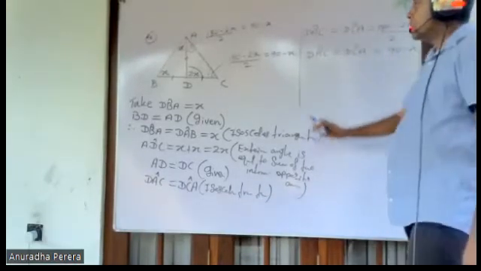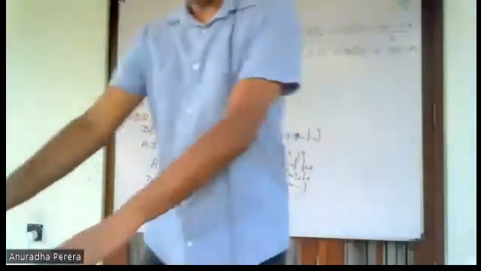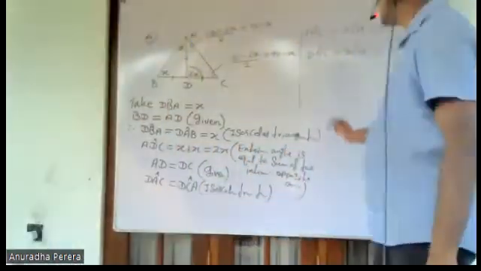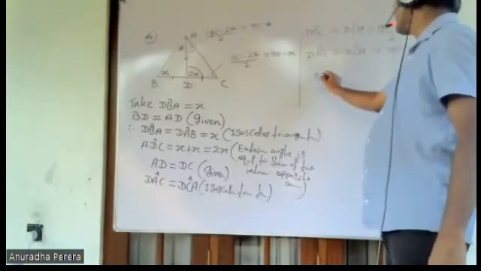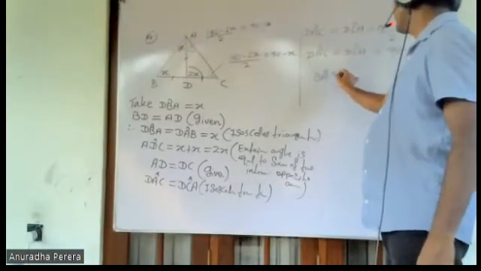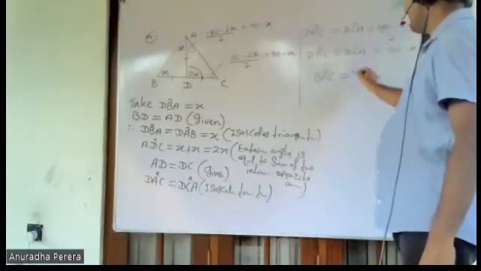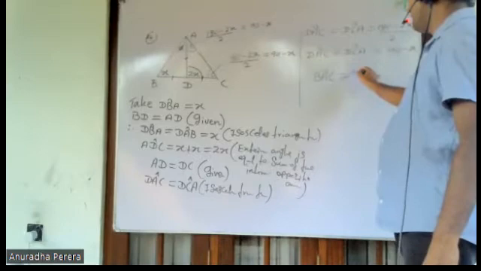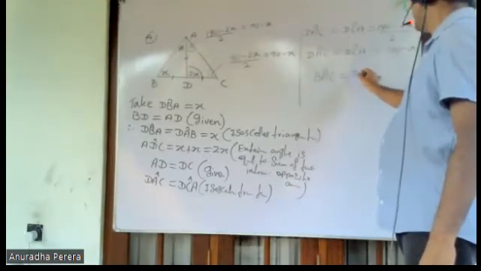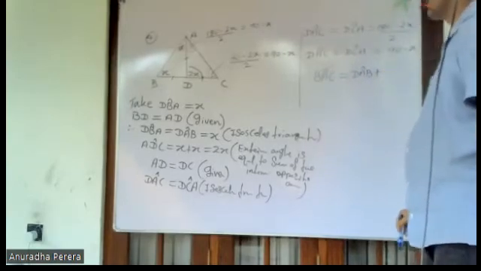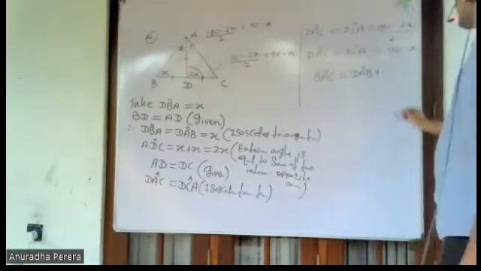Then what is this? We need the angle of BAC. Then BAC equals BAD, DAB, plus DAC.